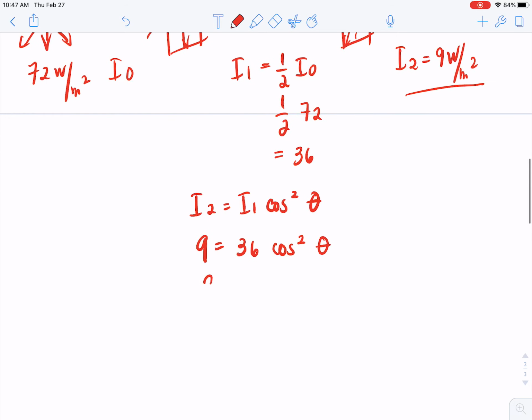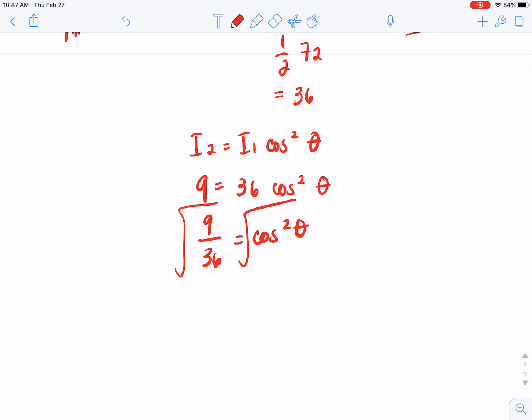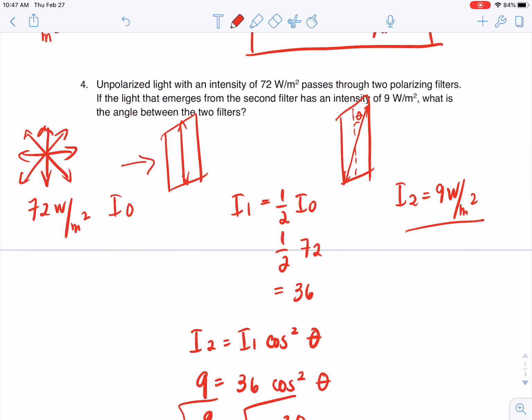So 9 over 36 is equal to cosine squared theta. Then we take the square root, and the answer is 1/2 is equal to cosine theta, or theta is equal to 60 degrees. So this is the angle of the second filter in order for you to get 9 watt per square meter.